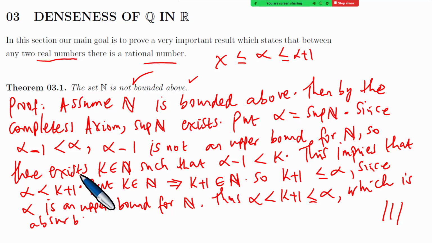But now we subtract it, yeah? It's not an upper bound for n. So there exists a k in the natural numbers such that alpha minus 1 is actually smaller than this k. So this k becomes an upper bound for alpha minus 1.